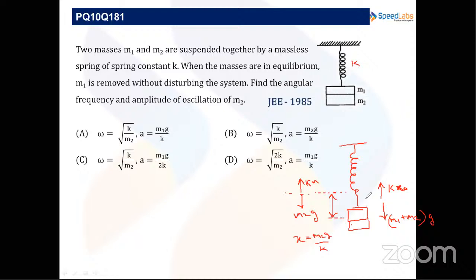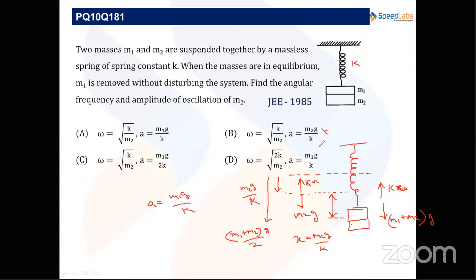Let's say x equal to 0 is somewhere over here. From here, this is m2g by k, and this total is (m1 plus m2)g by k. You just subtract, so you get the amplitude. Amplitude comes to be m1g by k.